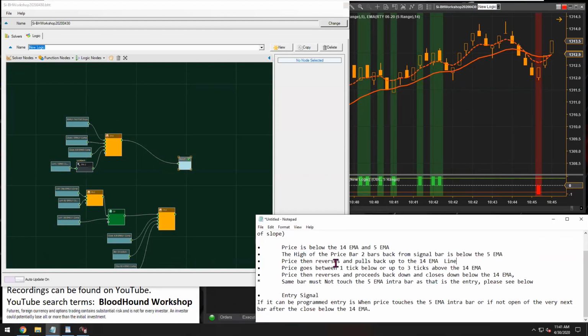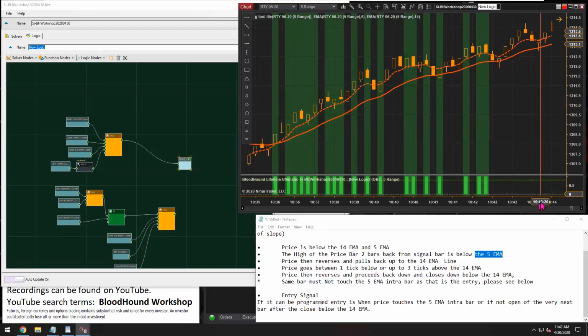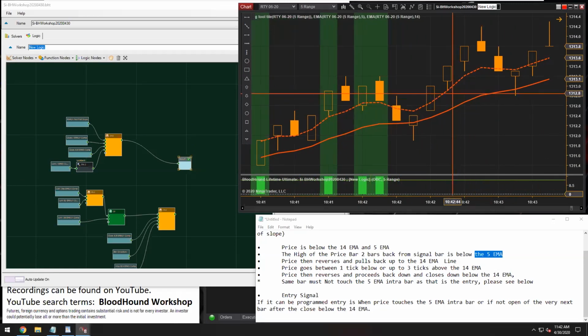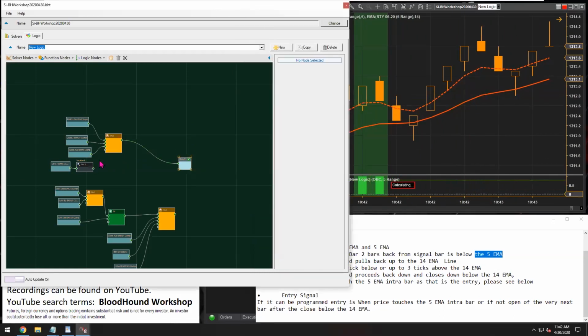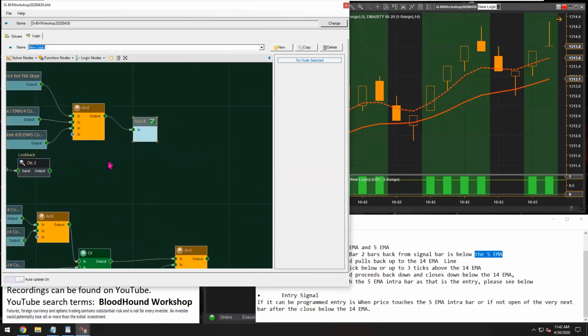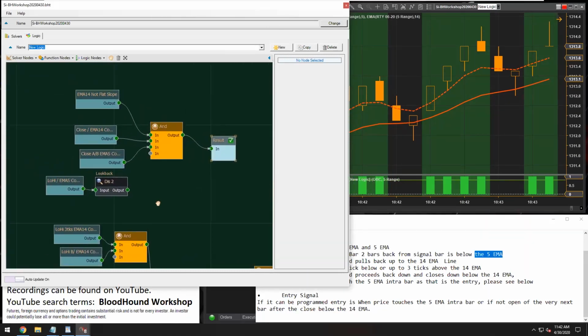All right, let's review this again here. All right, so if we're reversing this for a long, right, price needed to be above the EMA and EMA5, which it was. Here it is. So the low of 2 bars ago needed to be above the EMA5. So, there we go.